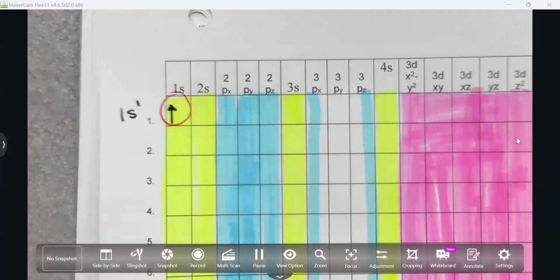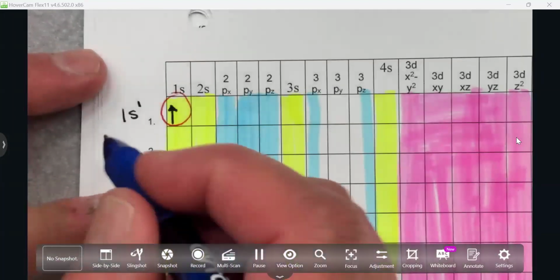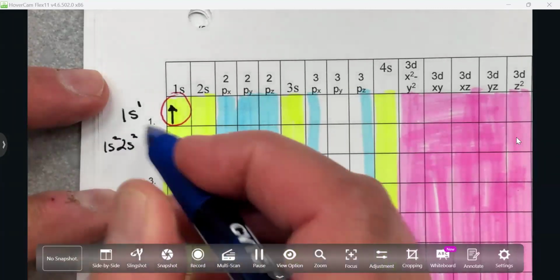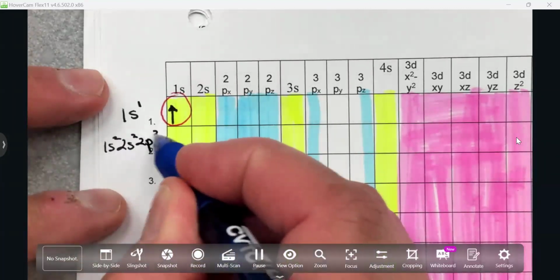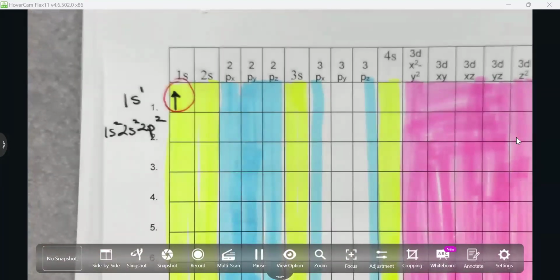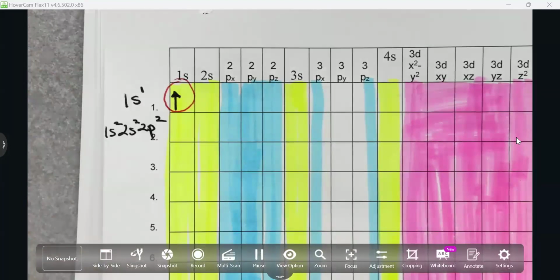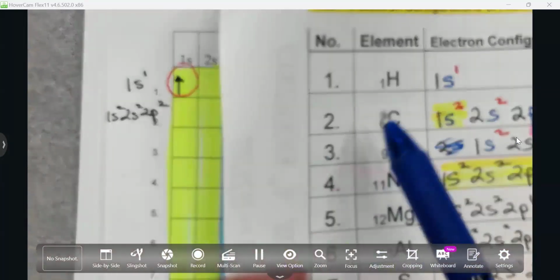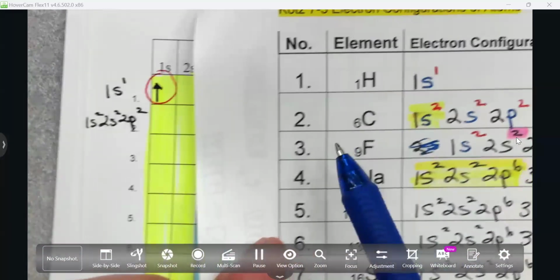Now, the next element was 1s2, 2s2, 2p2, from the previous page. Right now, these numbers match up here.